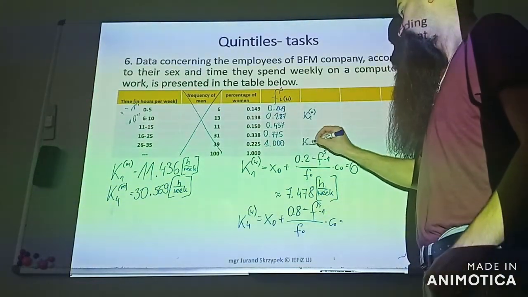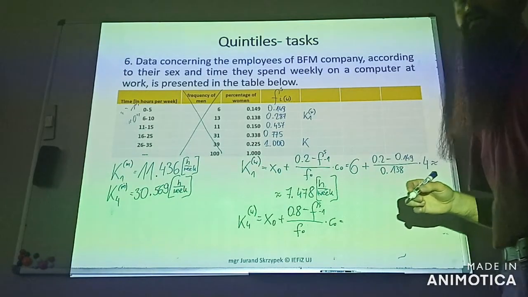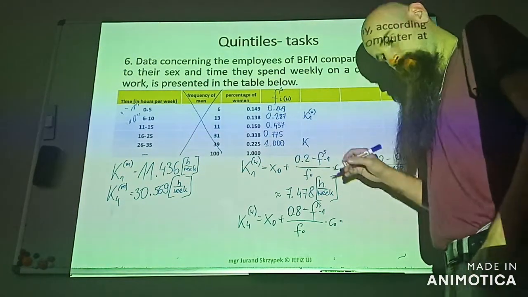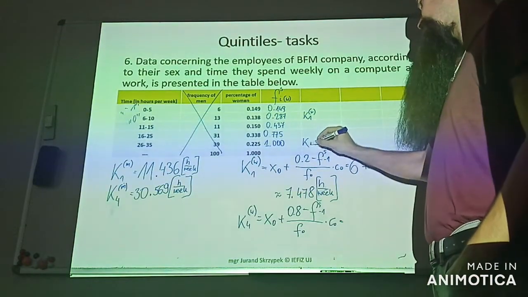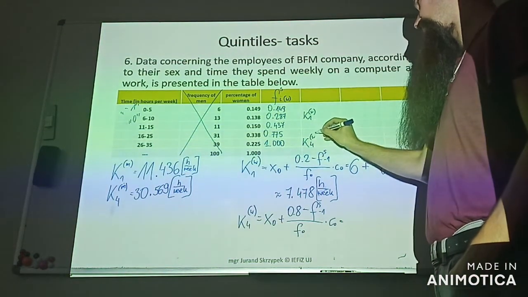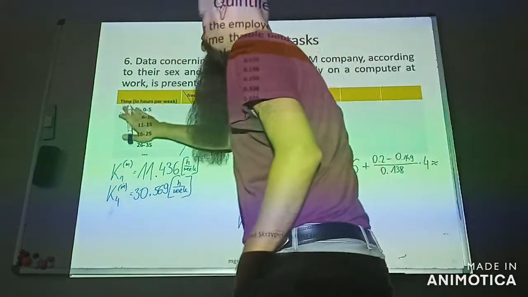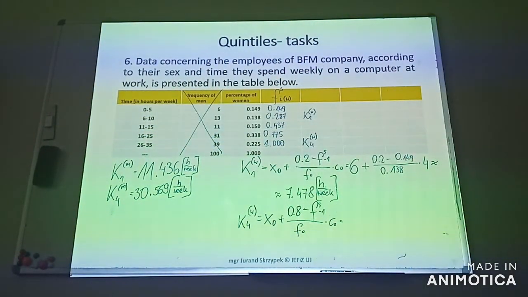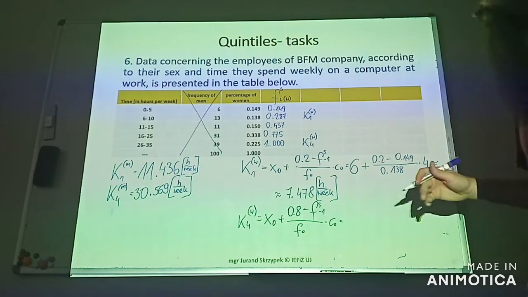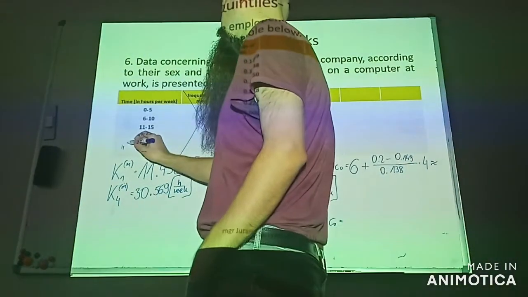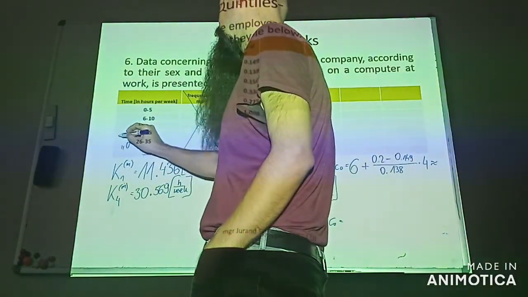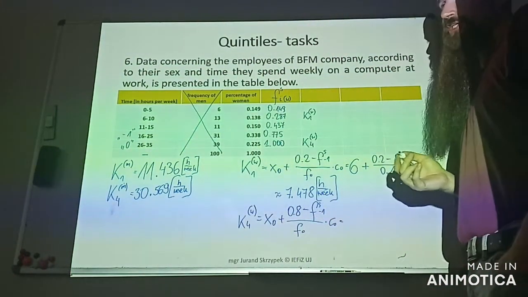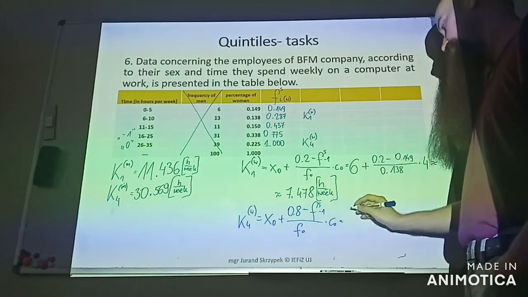And that actually happened in the last class. This is the class of the fourth quintile for the group of women. So here we have the 0 level, here we have the -1 level. The computation is the following.